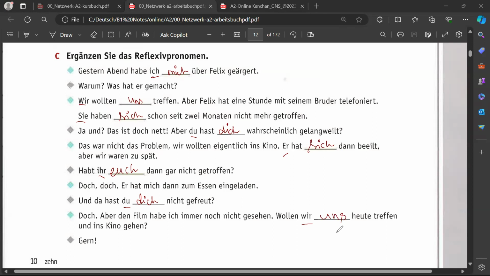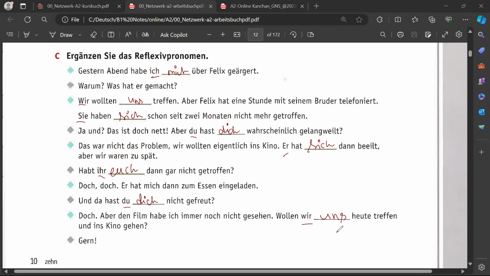Let's read. Gestern Abend habe ich mich über Felix geärgert. Last night I was annoyed about Felix. Warum? What did he do?